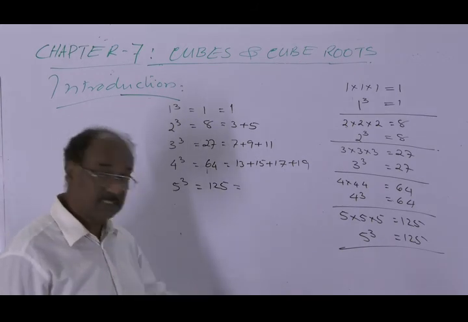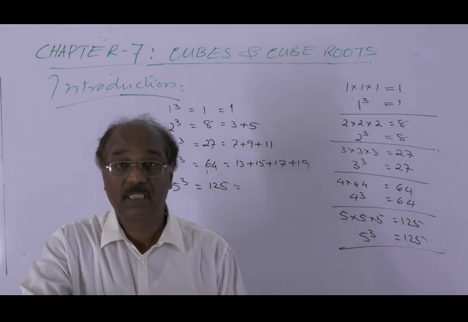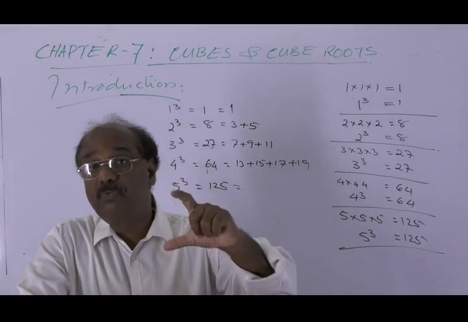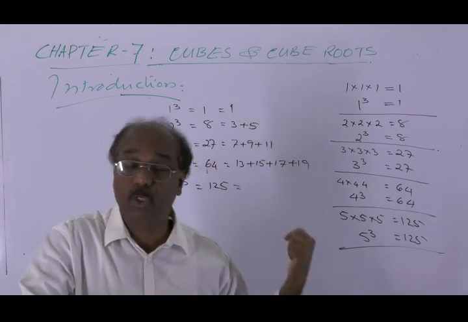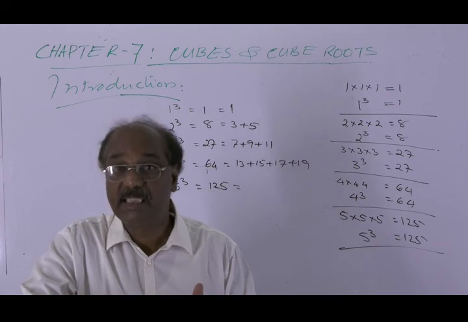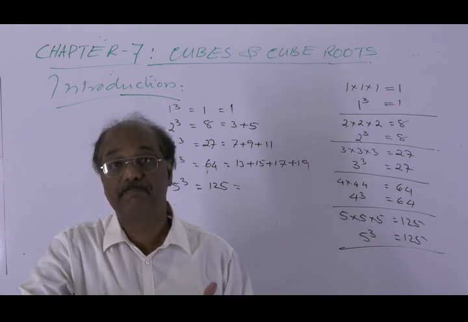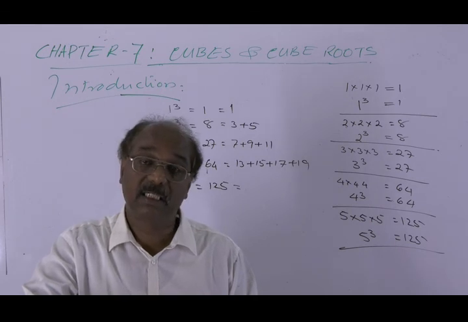So in a similar fashion, we can have the cubes, which are sums of certain odd numbers in this order. So that is the pattern which we see in the case of these cubes. Okay? And now we can have more discussions in the next videos.